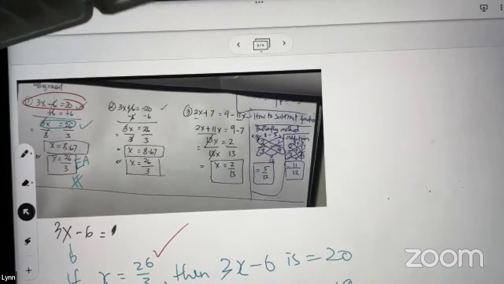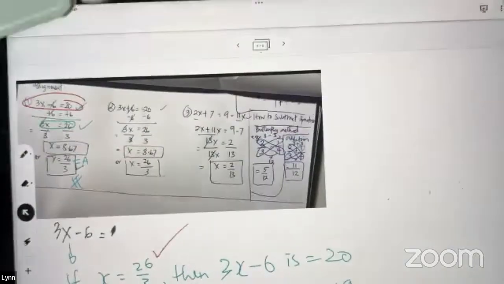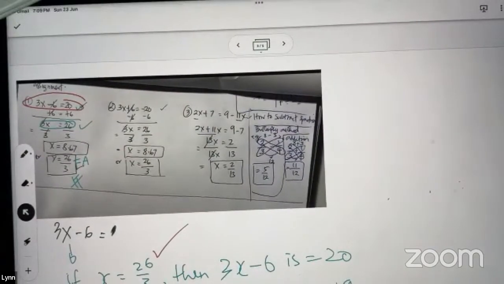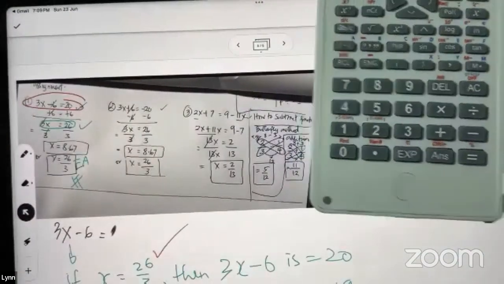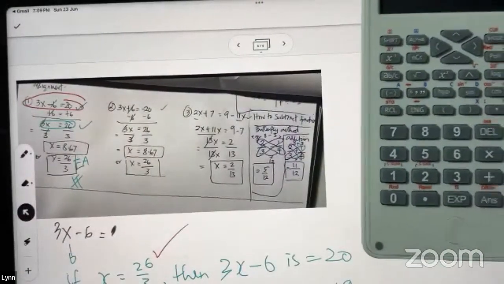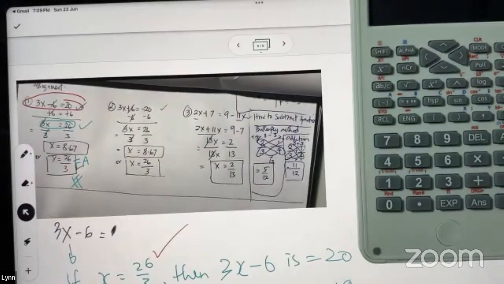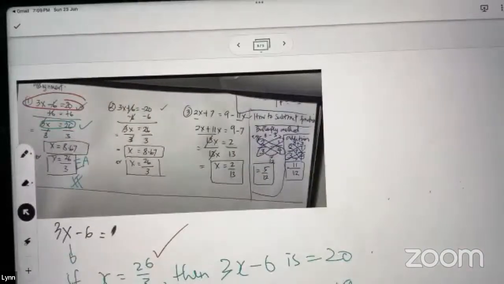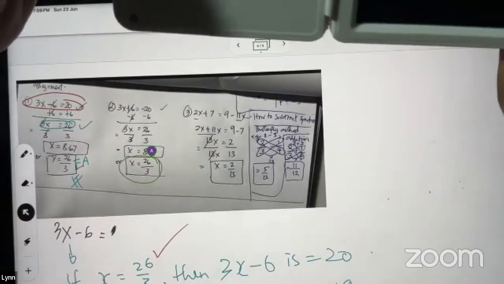Okay, yes. So now, if you understand, we were just using the calculator to check. Then look at question number 2. For question number 2, you say the answer is the same, 26 over 3, because there's a negative sign on the 20.